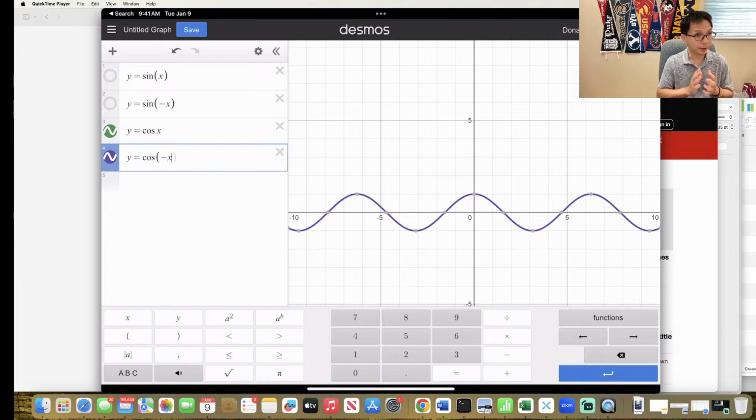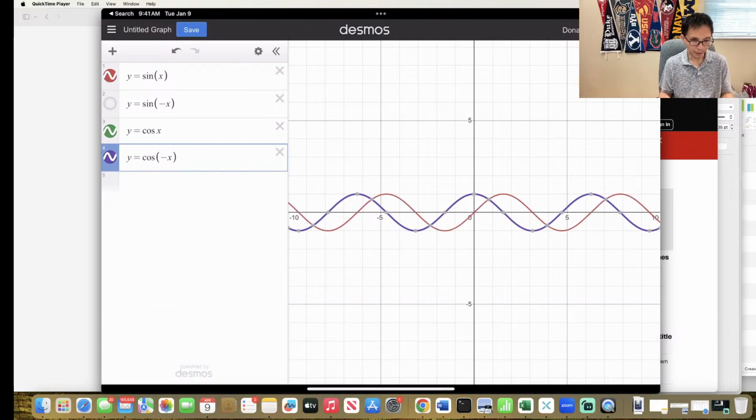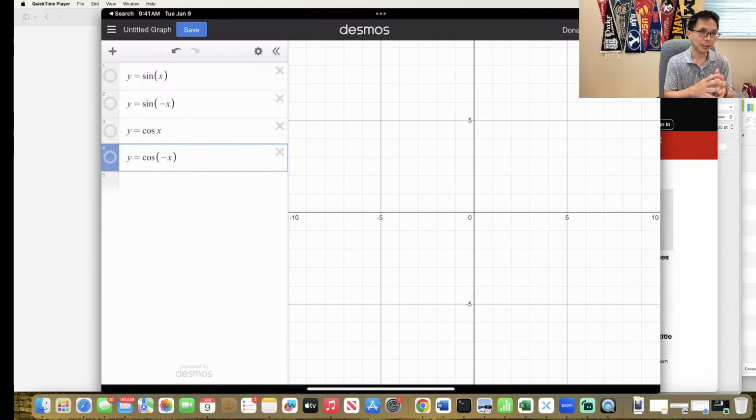Now you see they are the exact same graph because cosine of negative x equal to positive cosine of x. But sine of negative x is equal to negative sine of x. Does that make sense or no? So there are four different graphs here, and that's the thing that you have to study, to understand why there are symmetries.